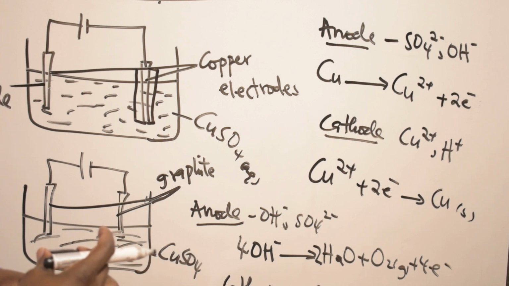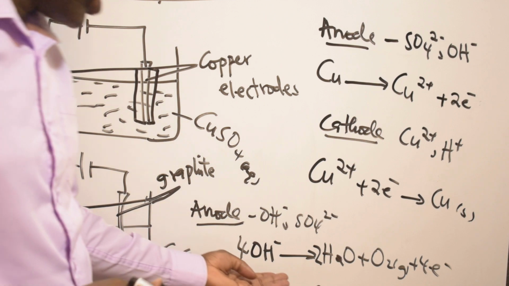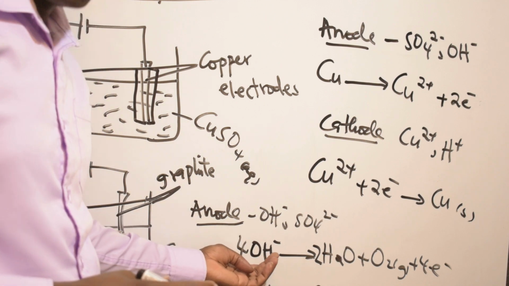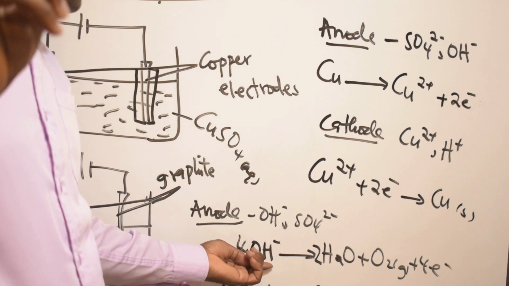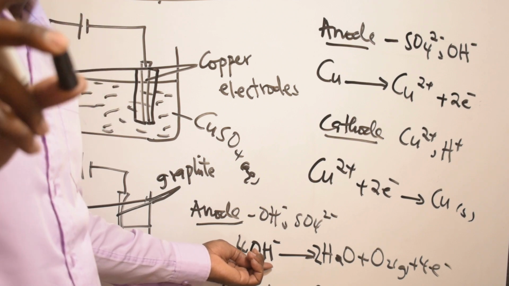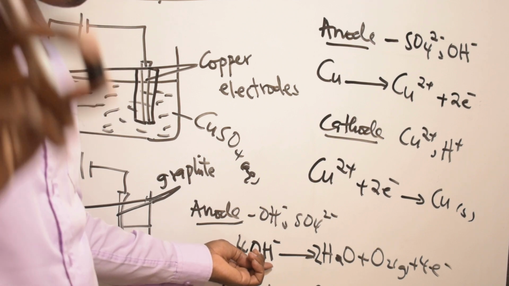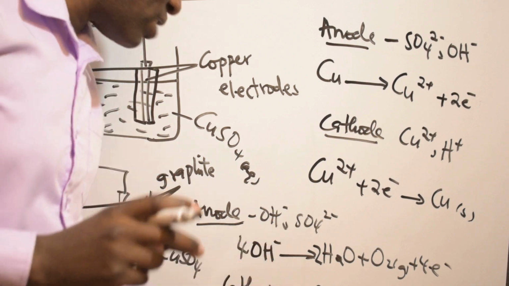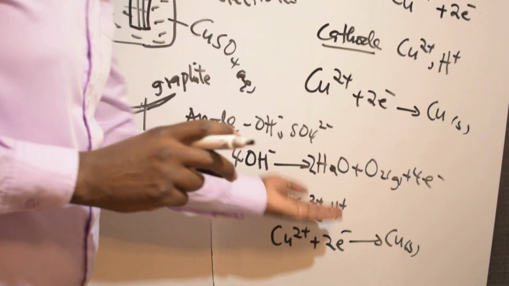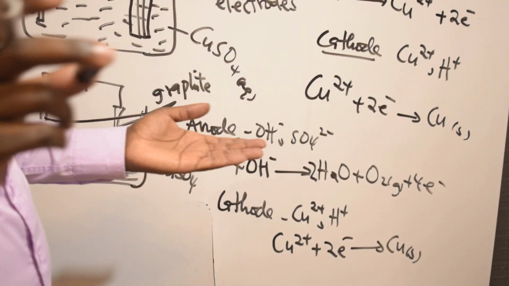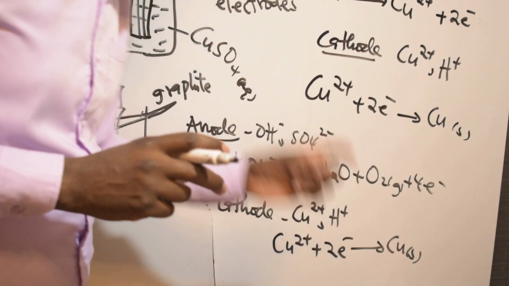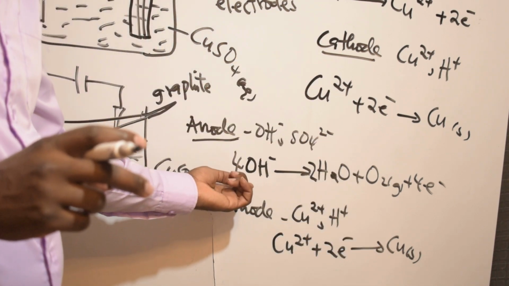Then maybe I can also mention the pH. What is happening here? We are discharging hydroxide ions, while the hydrogen ions remain the same. What does that mean? At the end of the day, the concentration of hydrogen ions will be higher than hydroxide ions.